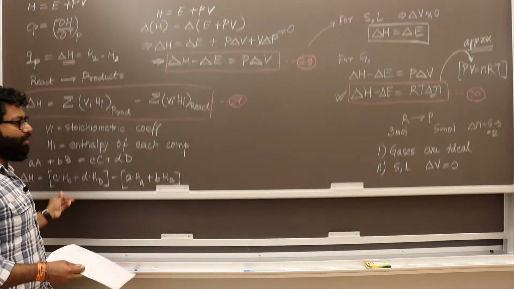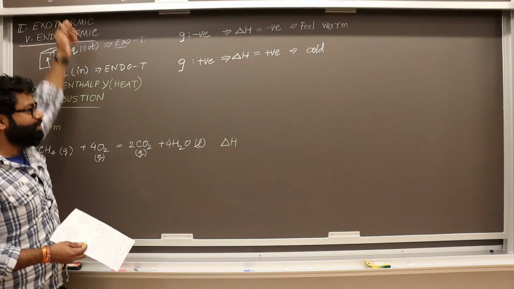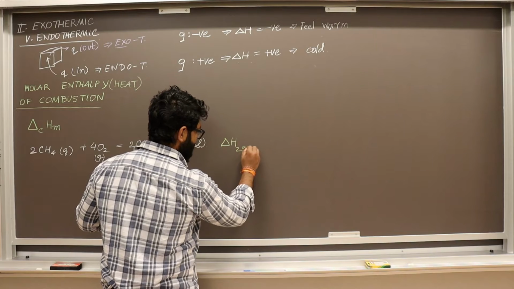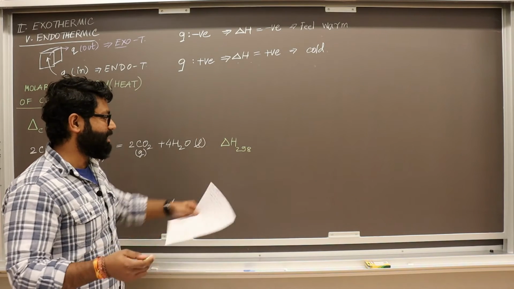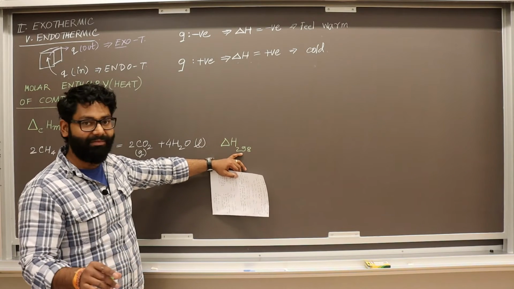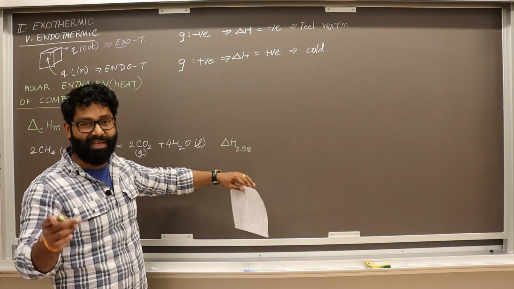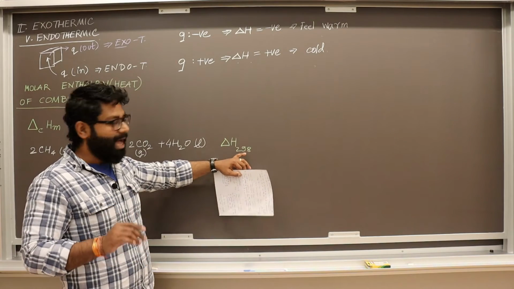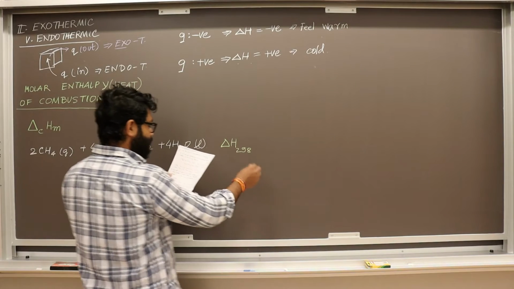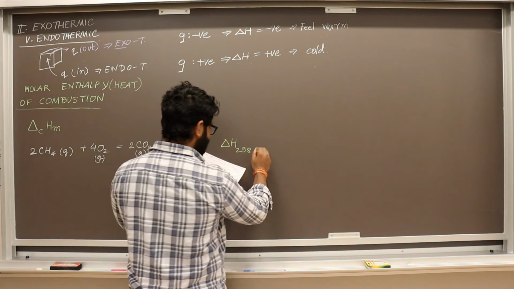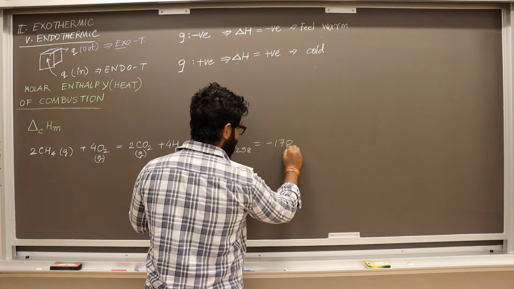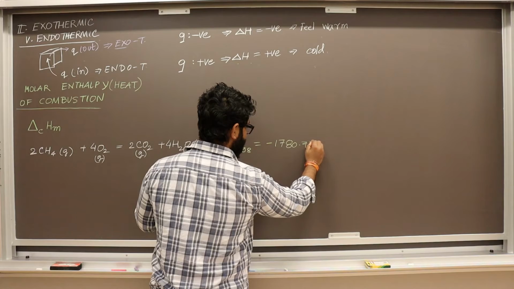Let's suppose someone calculated the delta H at 298 Kelvin. Basically, for all our purposes, whenever I write 298 Kelvin, it will be 298.15 Kelvin, but for simplicity's sake I'm writing just 298. So delta H at 298 for this reaction is minus 1780.72.